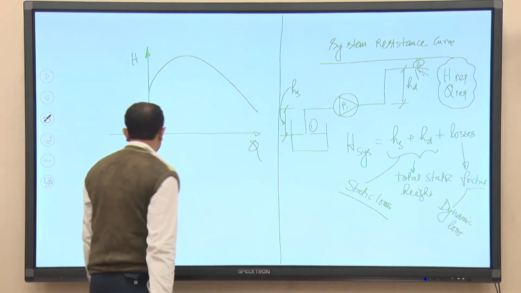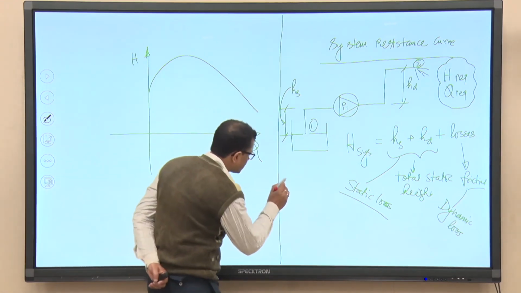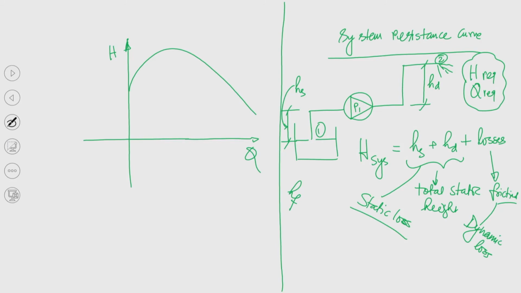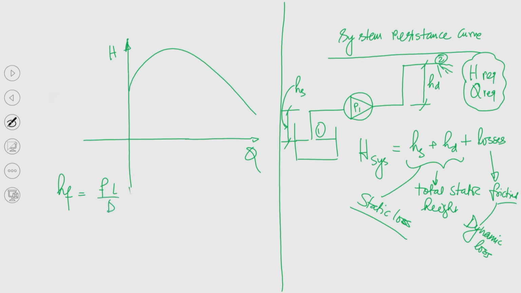When fluid is flowing through the pipe, we know the Darcy-Weisbach equation, Hf equal to FL by d, v square by 2g. F is the friction factor.